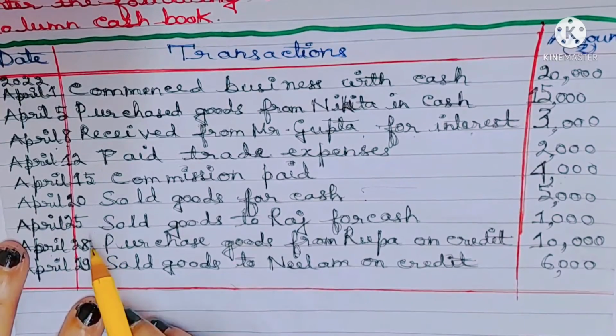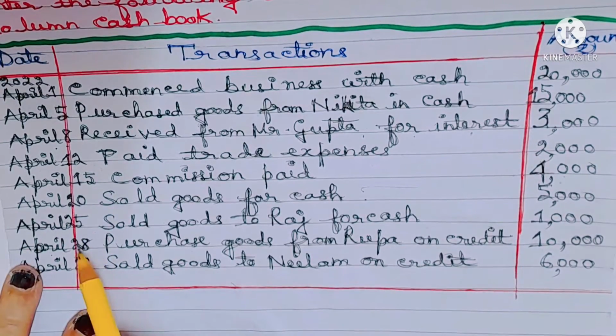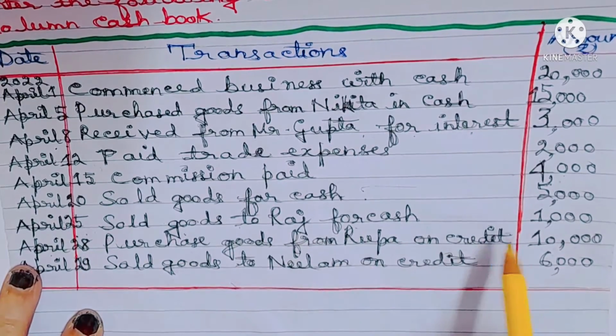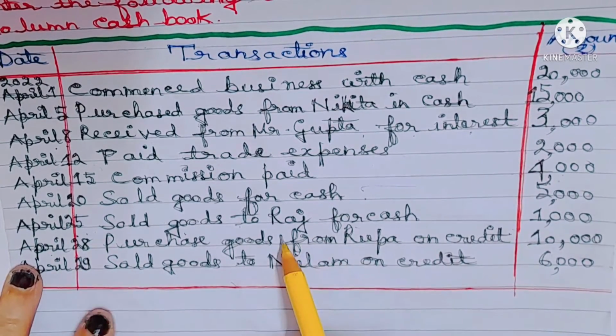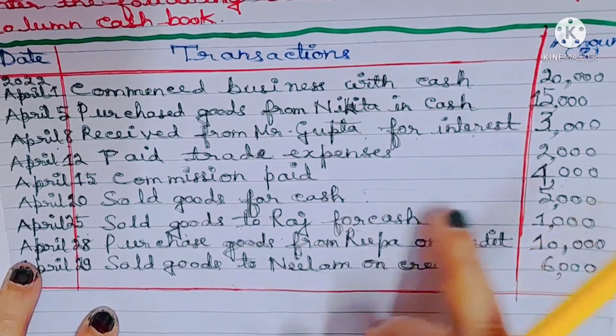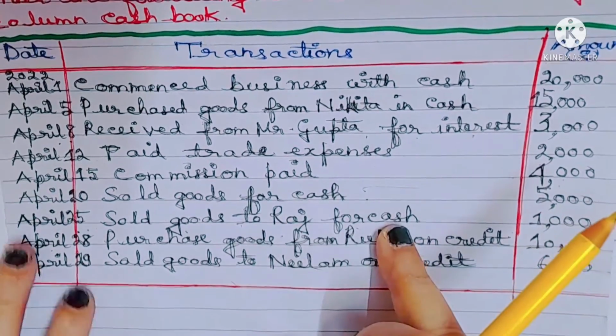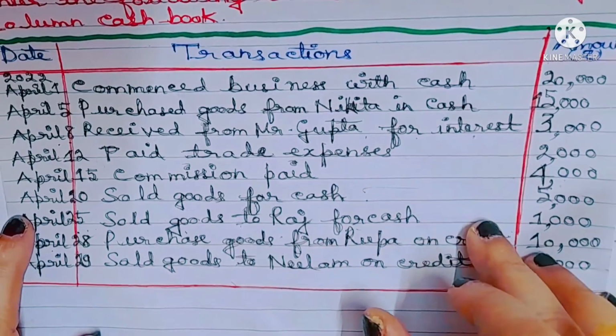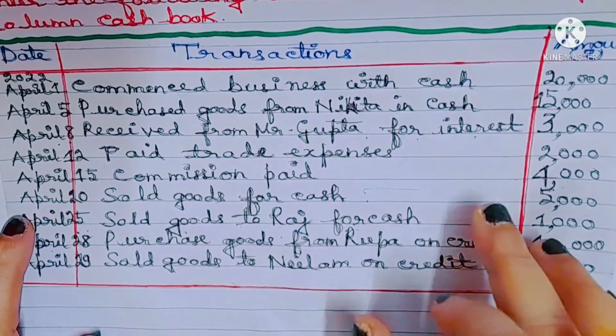The next transaction is on 25th April, sold goods to Raj for cash 1,000. So what will be the journal entry? The journal entry will be cash account debit to sales account. So what is the position of cash account? Since cash account is on the debit side, sales account will also be on the debit side.